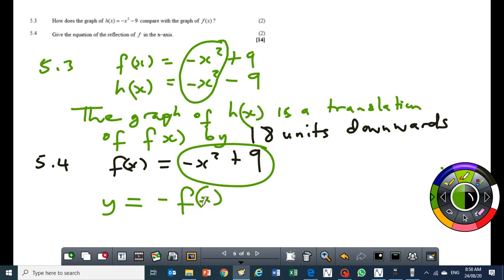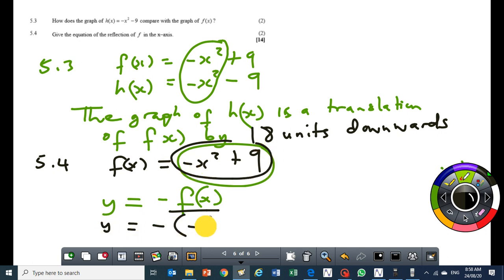If you reflect any graph about the x-axis, the new equation will be y equal to minus f of x. So, where there is f of x here, you substitute the f of x by everything inside here. So, our new equation will be y equal to minus x squared plus 9.